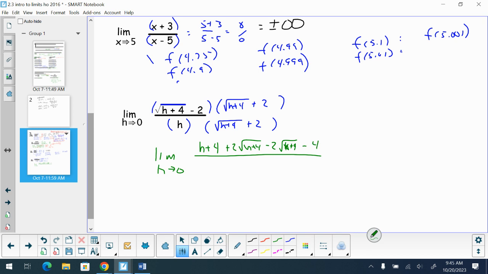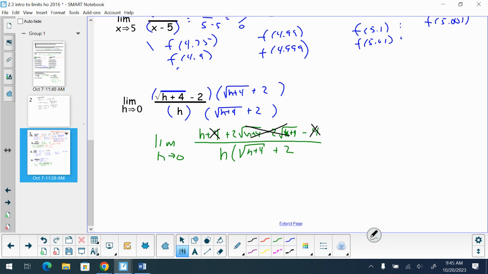On the bottom, just leave it in factored form. Now on top, these two things cancel out. Then I have h plus 4 minus 4, which also cancels out.